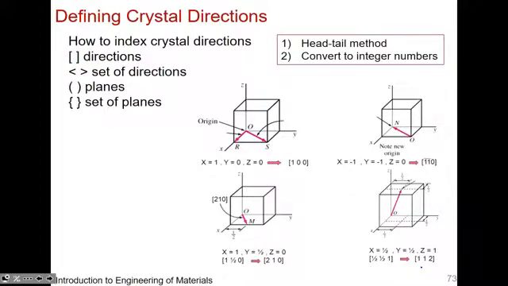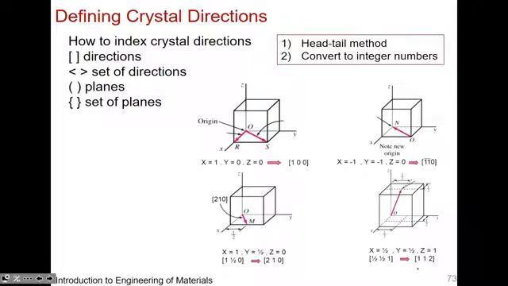Okay, so when we talk about crystal directions, we first have to know how to get the crystal coordinate. Here are just some examples of different crystal directions that have been worked out for you. The way that one does it systematically is vector notation, really. You look at the end of your vector, you look at the beginning of your vector, you subtract the two, and that is your direction. That's often called in material science the head-tail method.